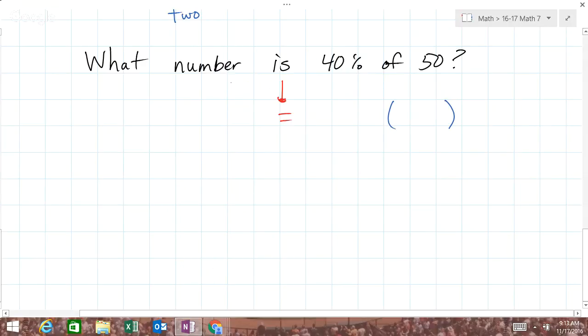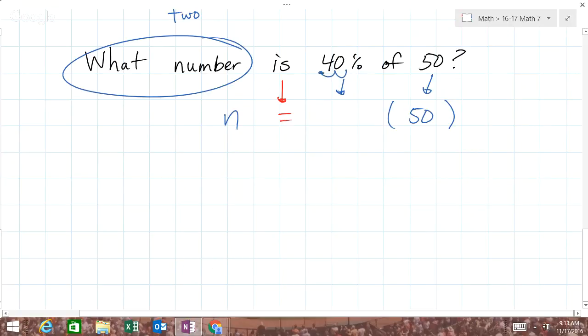So do we know what the number is? What number? What does that tell me? What are we putting in place of anything that has the what in front of it? Variable. N. Number. Bring the 50 down. Now, what do we have to remember about this? 40%. We need to turn into its decimal form, don't we? So we've got to move that decimal point 2 to the left always, because we're talking about percentages.